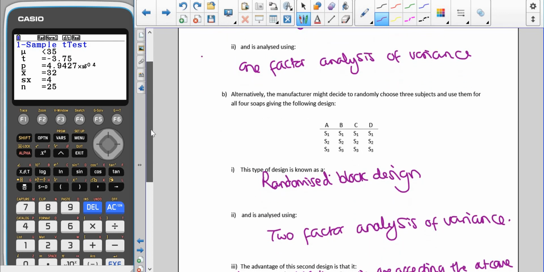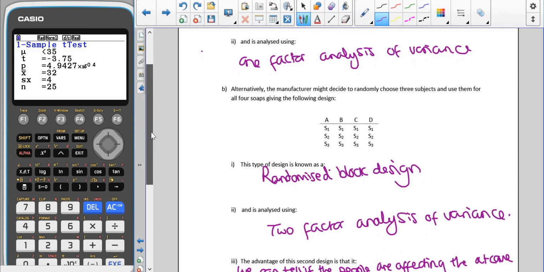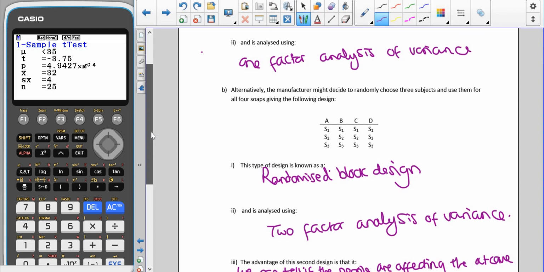So alternatively, the manufacturer might decide to randomly choose 3 subjects and use them for all 4 soaps given the following design. So again, we have soaps A through D across the top, and then we have S1, S2 and S3 going down the side. And we can have whatever values we're trying to find out about them, their rating or whatever it is, in the table.